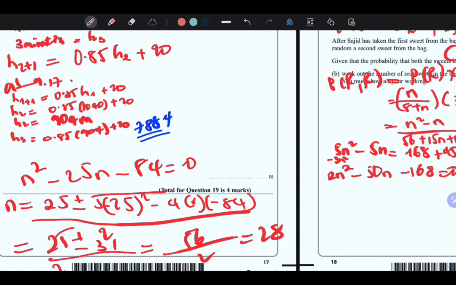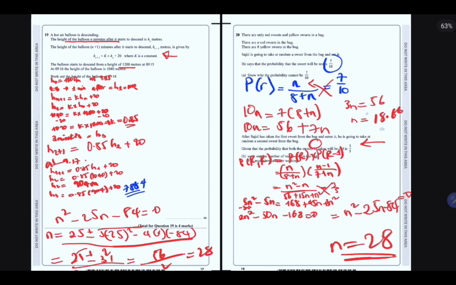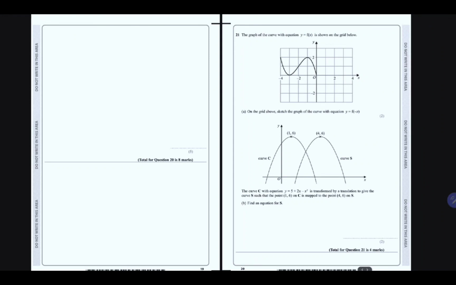Okay, this looks way too messy, so I'm just going to reduce this, and then we can have our final answer here as n equal to 28. Next question. Oh, there was more space on the next page, and this was 5 marks.